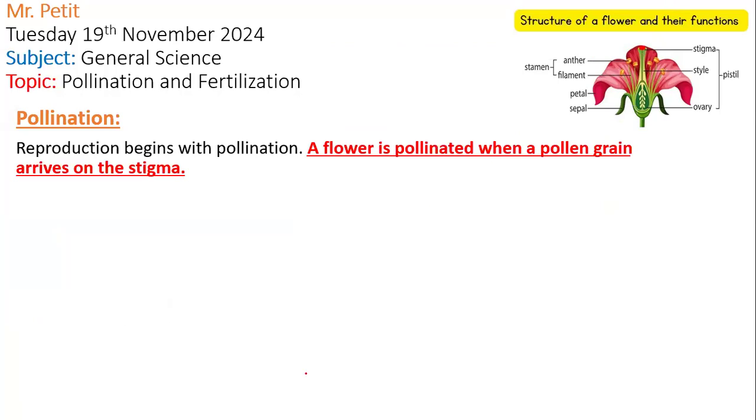All right, Antoine, what is the definition of pollination? How do we know when a plant or flower is pollinated? A flower is pollinated when a pollen grain arrives on the stigma. Very good, Charisse.